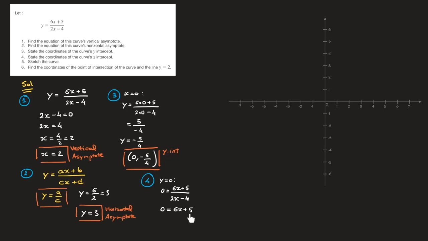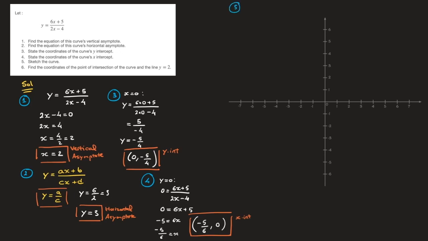Now to solve this, we subtract 5 from each side, which leads to negative 5 equals 6x. And finally, we divide both sides by 6, which leads to negative 5 over 6 equals x. And the x-intercept therefore has coordinates negative 5 over 6, 0. And again, I go ahead and box that result. That's the x-intercept.